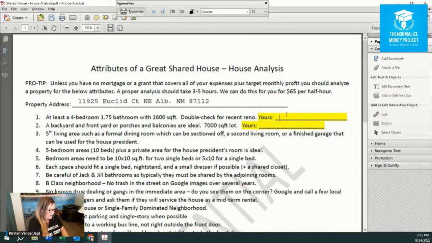For right now, for my scenario that I'm going to go into the numbers with, I'm going to put that this is a 6-bedroom, 2-bath, and for square feet, I'll put 2,000.